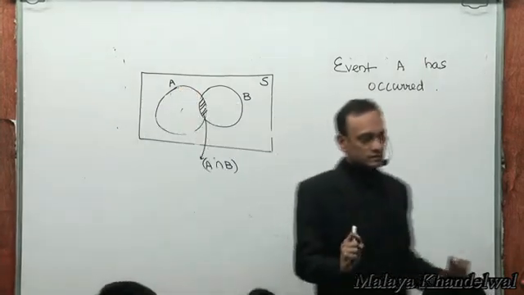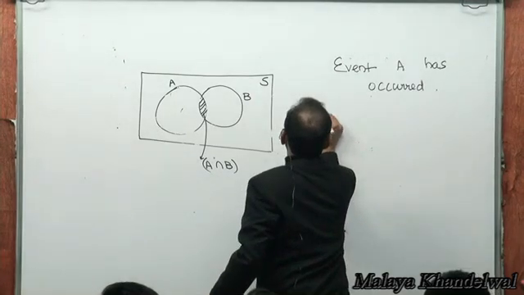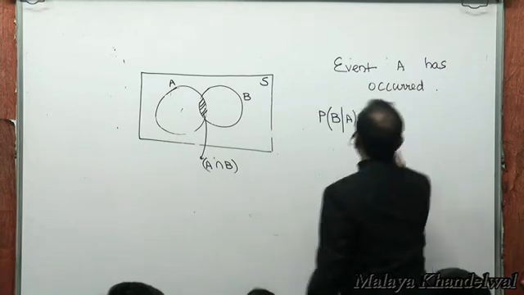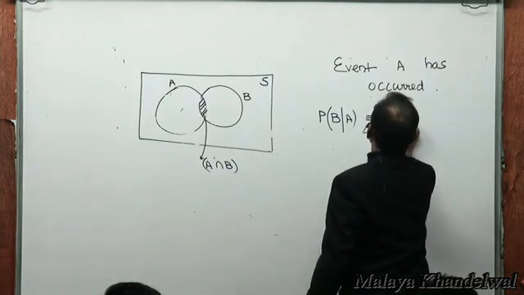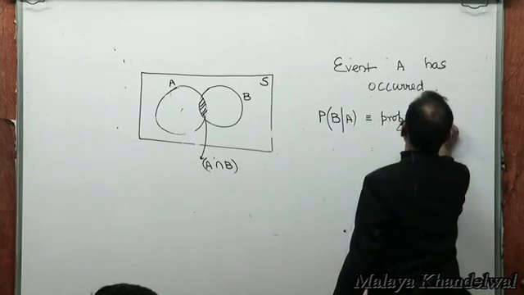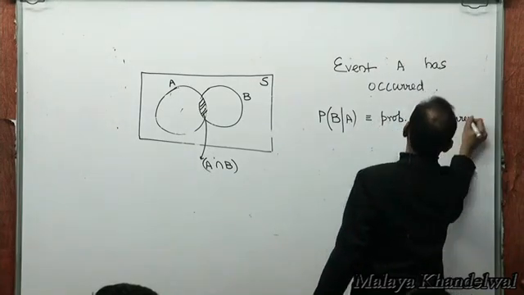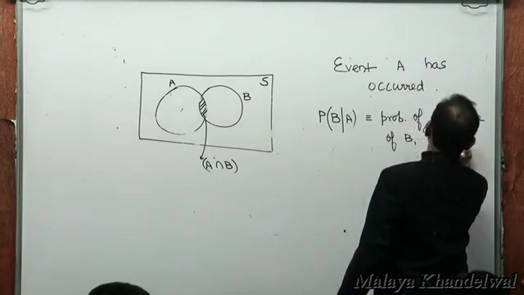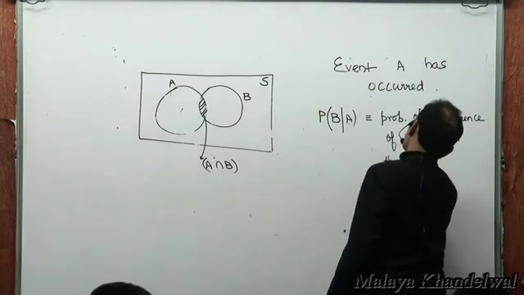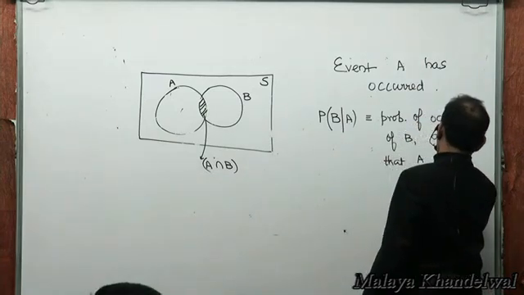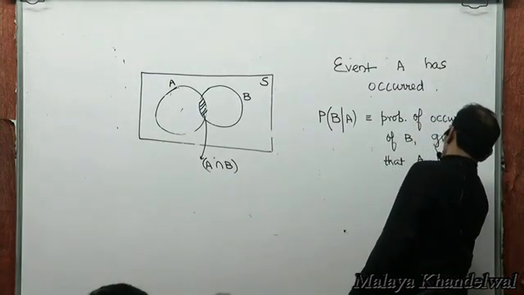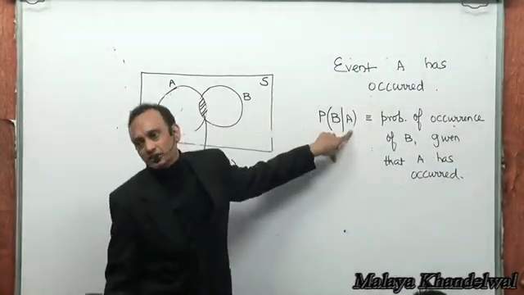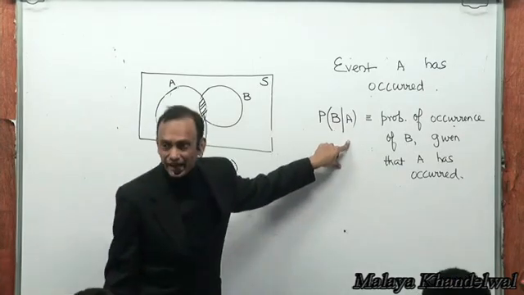Now, if somebody says probability of occurrence of B, given that A has occurred, this means probability of B given that A has occurred.